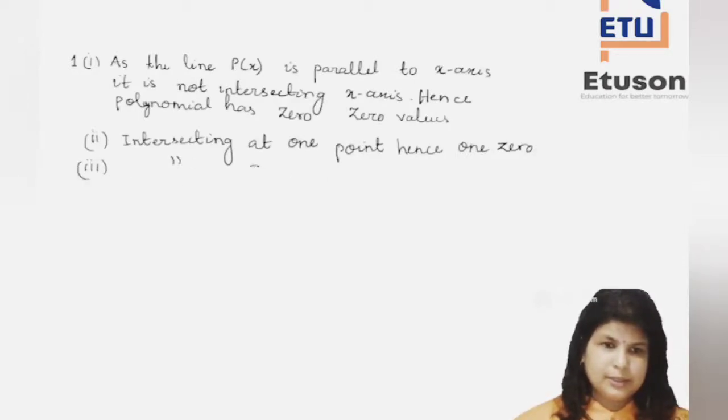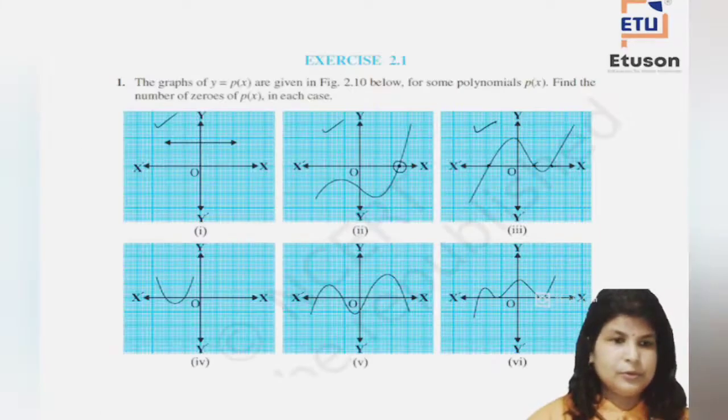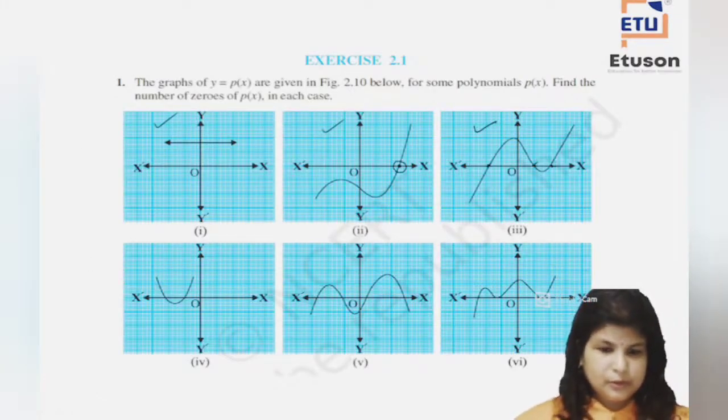Intersecting at 3 points. Hence how many zeros? 3 zeros. Correct.